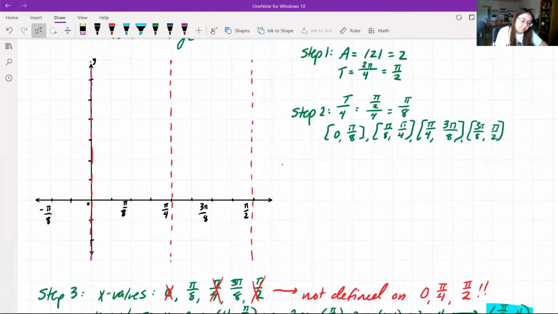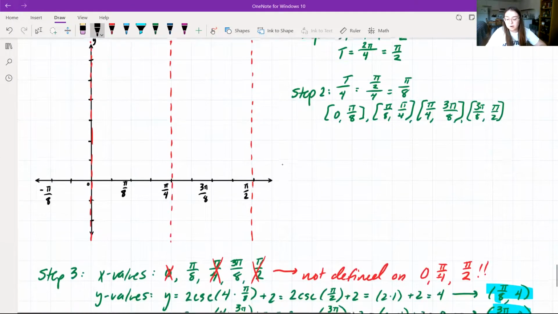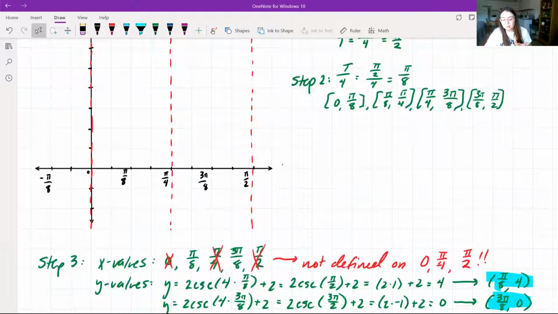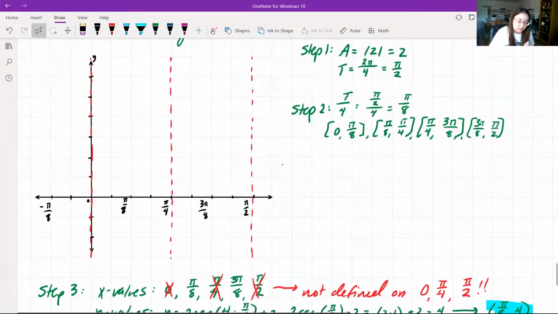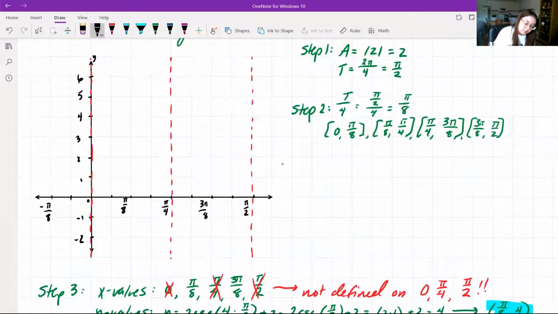All right. So our first key point that we have here is pi over 8, 4. So we go to pi over 8, and we'll go up 4 because this is going to be 1, 2, 3, 4, 5, and 6. This will be -1, -2. So we go up to 4, and we make our point.